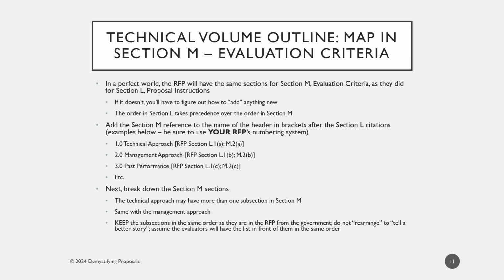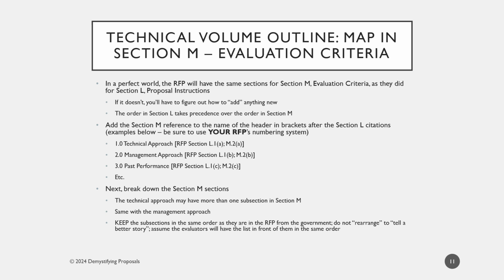So try and find a section of section M that is relevant to whatever the additional information in the evaluation criteria and add it there. If there isn't one, then just make up a section within the section L structure that adds the section M. Be sure and use those brackets I talked about before so that it's very clear what section that refers to.